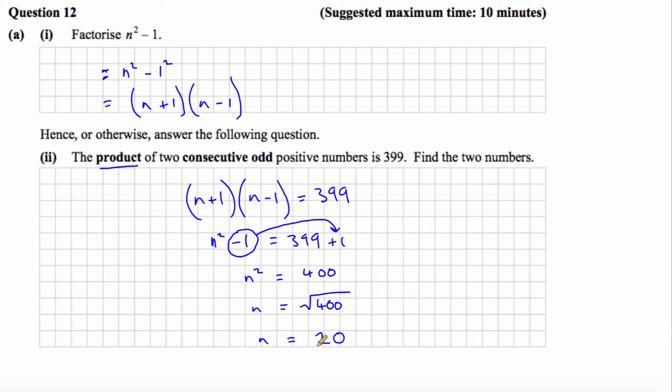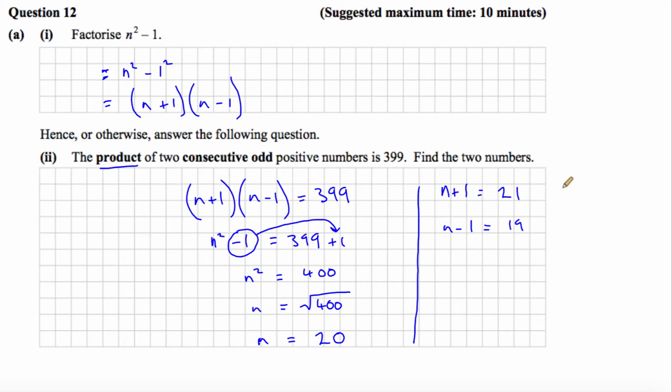Now it could be minus 20 as well, but we know that the numbers are positive, so we're going to take the positive value. So n is equal to 20. Well, if n is 20, n plus 1 would be equal to 21, and n minus 1 would be equal to 19.